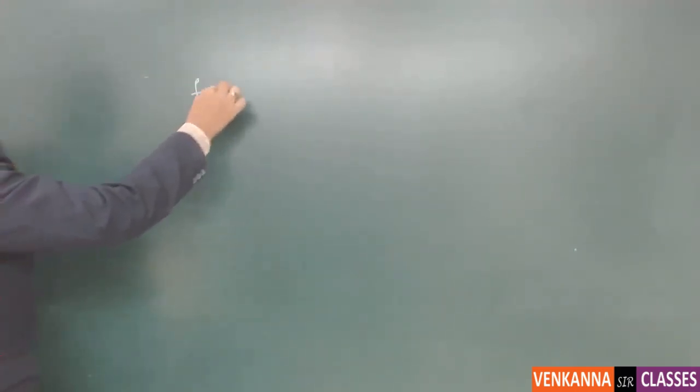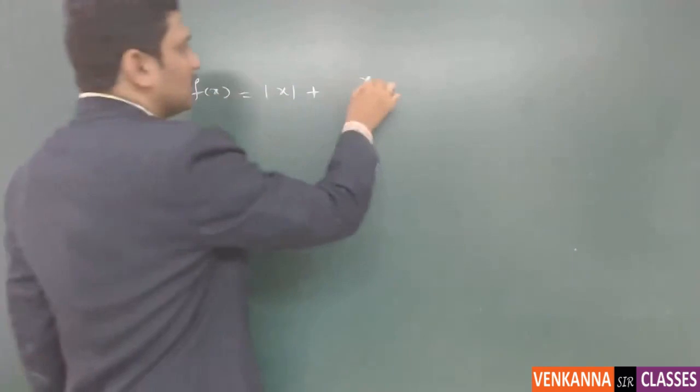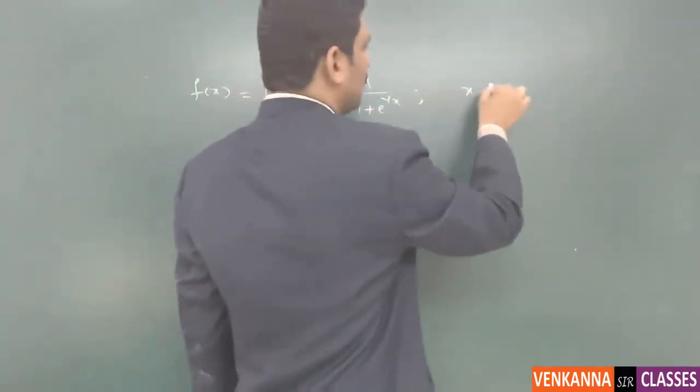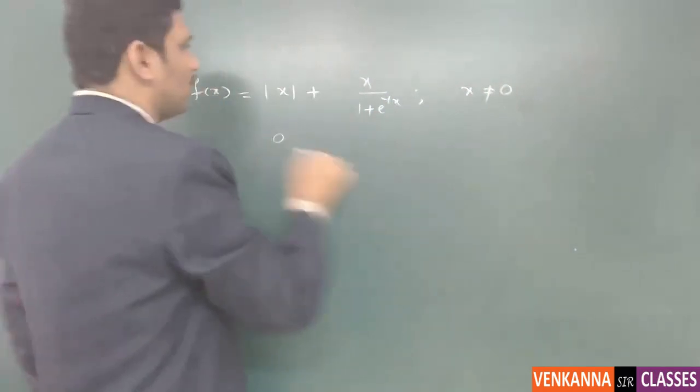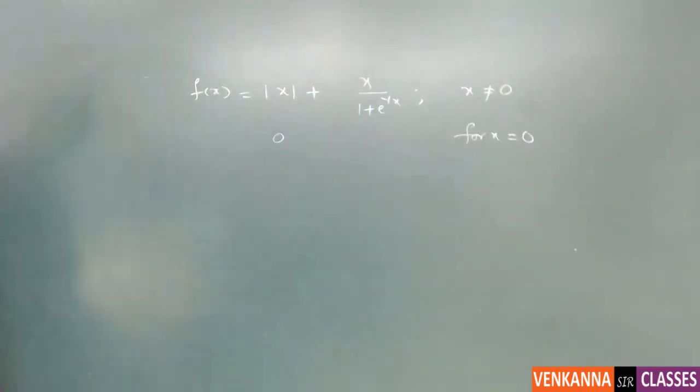Suppose you have a function given like this. f of x is equal to modulus of x plus x by 1 plus e power 1 by x for x not equal to 0, and 0 for x equal to 0. Let us say the function is defined like this.